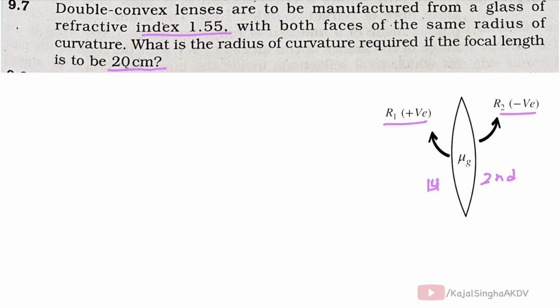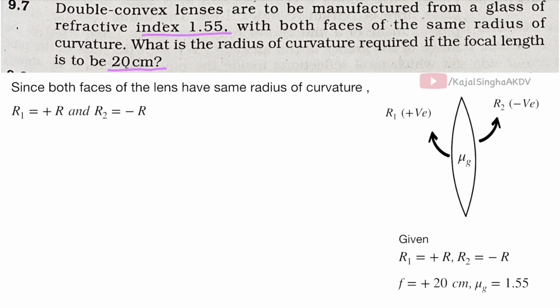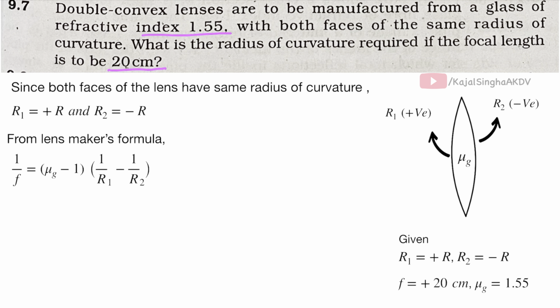Here we have been told that the radius of curvature of the two surfaces are equal. So we have taken R1 equals plus R and R2 equals minus R. From lens maker's formula, we know 1 by f equals (mu g minus 1) into (1 by R1 minus 1 by R2), where mu g is the refractive index of the material of the lens and f is the focal length of the lens.